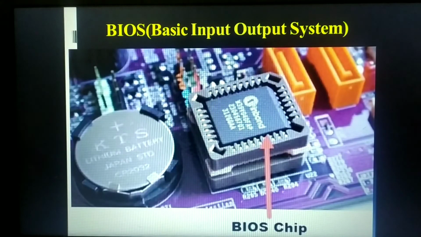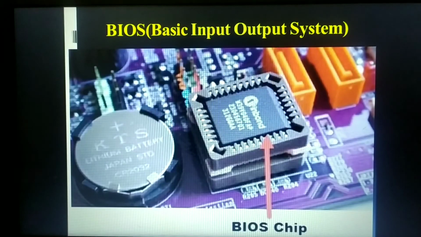For example, in your computer lab, whenever you switch on the power supply and then click on the CPU processor, it usually takes some fraction of a second, maybe 2 seconds. During that time your computer system undergoes the POST test.